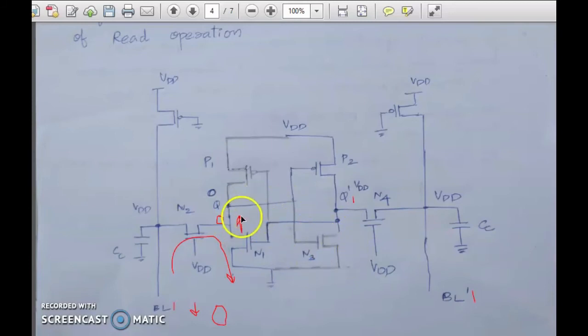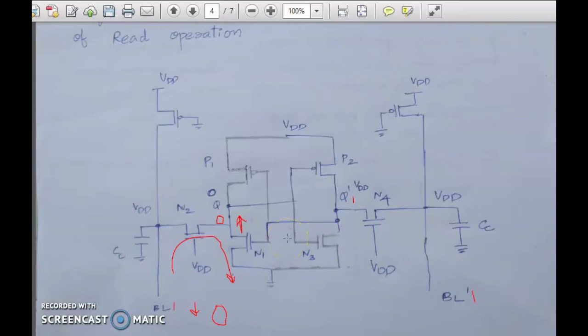So if the voltage at this point increases, then there is a chance that it will turn on this transistor, which is not intended, because during read operation we should not modify any stored value of the memory cell. We should not modify it. So turning on this transistor is unintentional and undesirable.